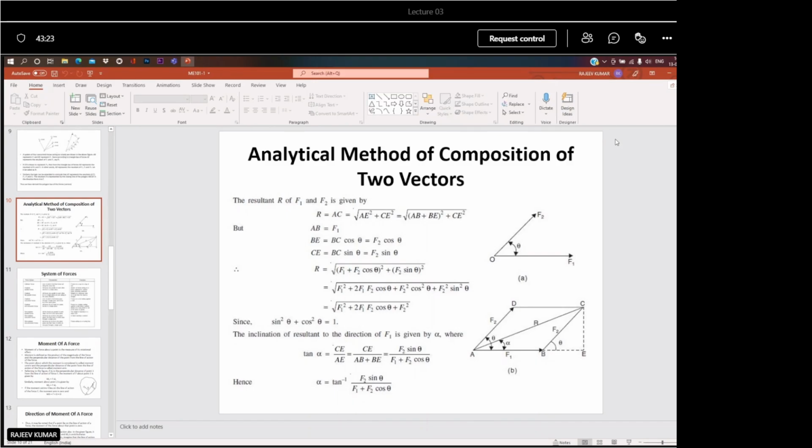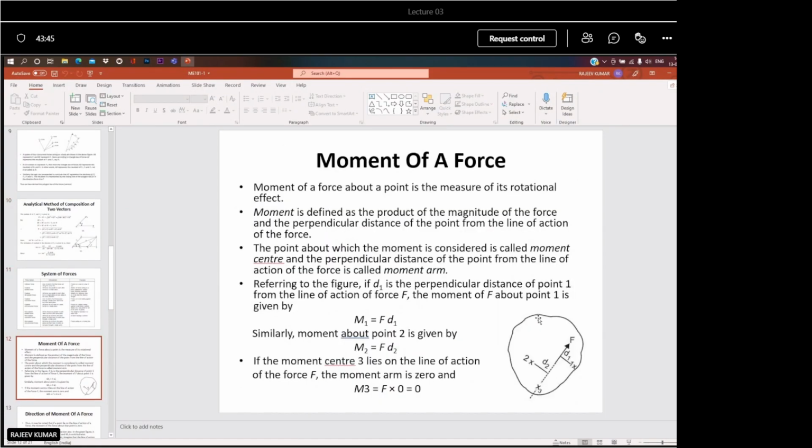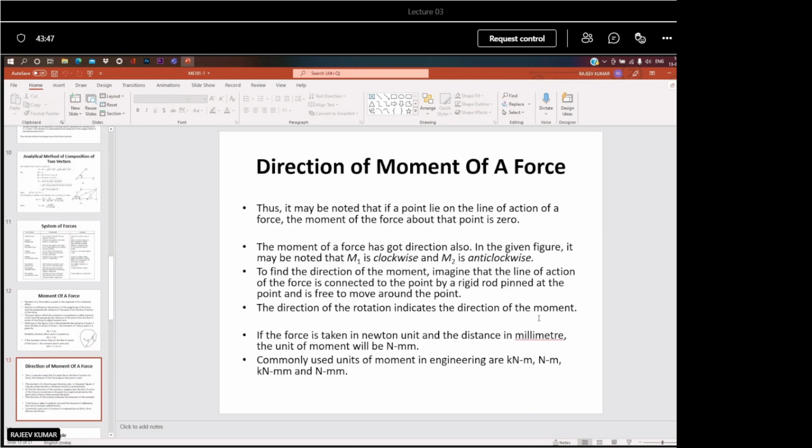So when coplanar and parallel forces are there, in a plane two parallel forces equal in magnitude but opposite in direction and separated by a definite distance, then a moment will be created, and that is called a couple.